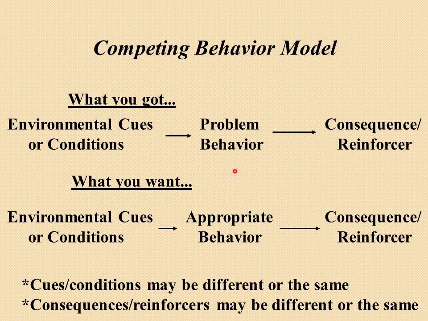What you actually want is for the student to engage in some appropriate behavior to access the same reinforcer. So the key to effective behavior intervention planning is understanding what the student's after, and teaching the student a different way of getting it. Whenever these cues come up, whenever the situation comes up, the student will engage in the new behavior instead of the problem behavior.